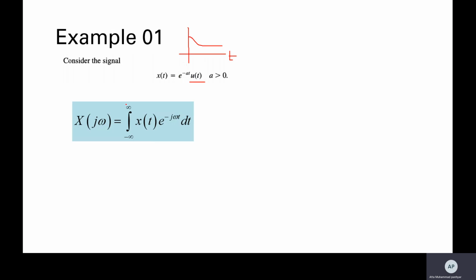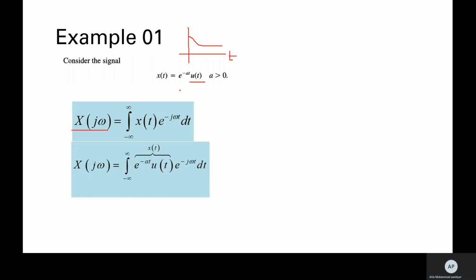We know that in order to compute the frequency spectrum of a continuous time aperiodic signal, we need to use the Fourier transform. So this is the equation for the Fourier transform, and now we wish to compute the frequency spectrum. We know that x of t is equal to this value as stated in the problem. What would this component do?